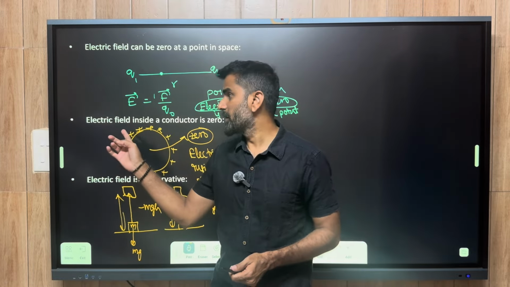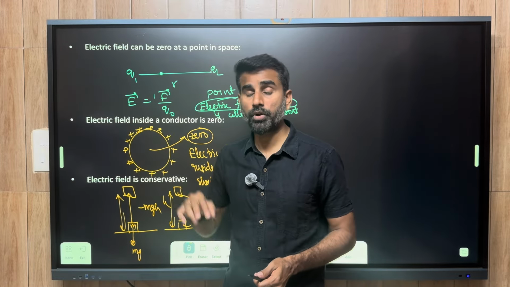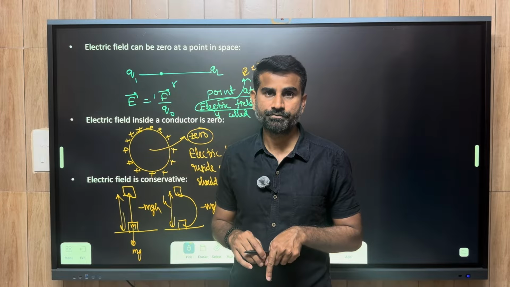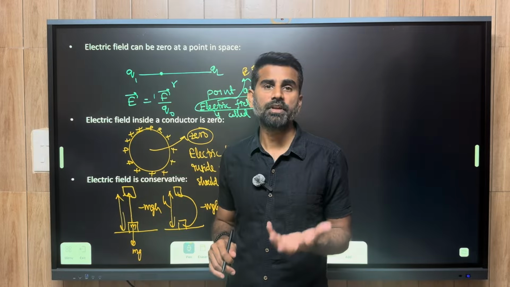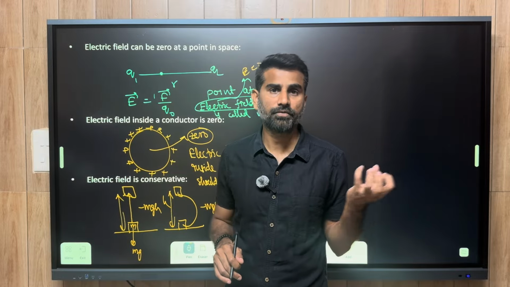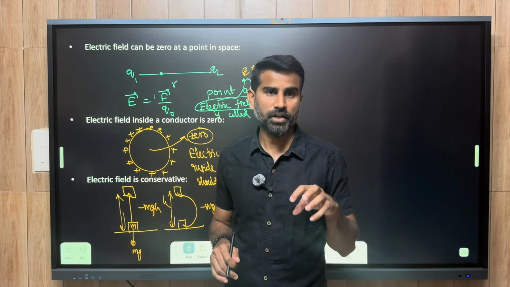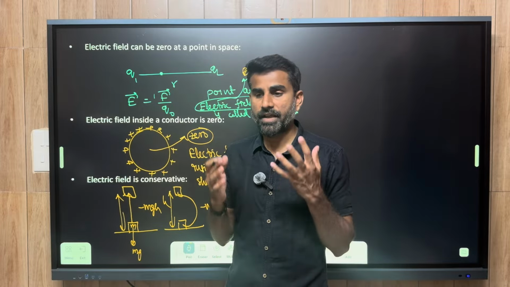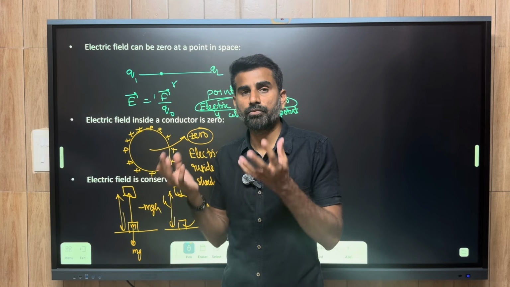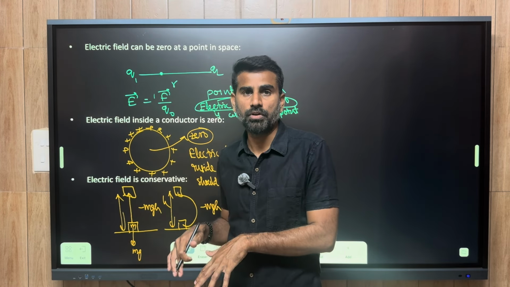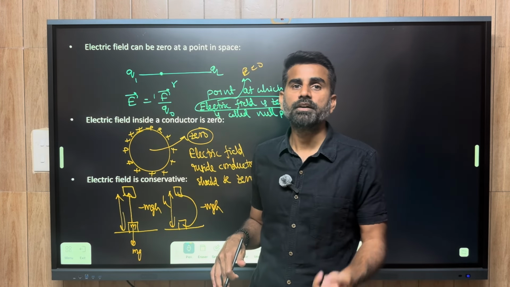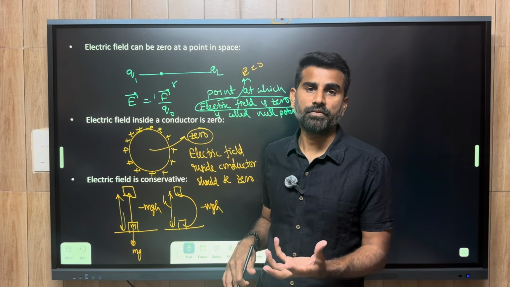Similarly, the work done by electric force is also independent of the path followed. How does the electric force exist? Because of the electric field due to a charge, right? So as the work done by electric force is independent of the path followed, we can treat the electric field as a conservative field.